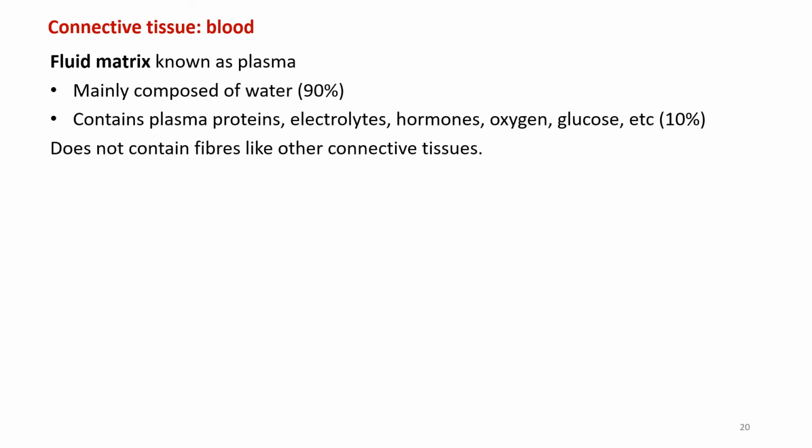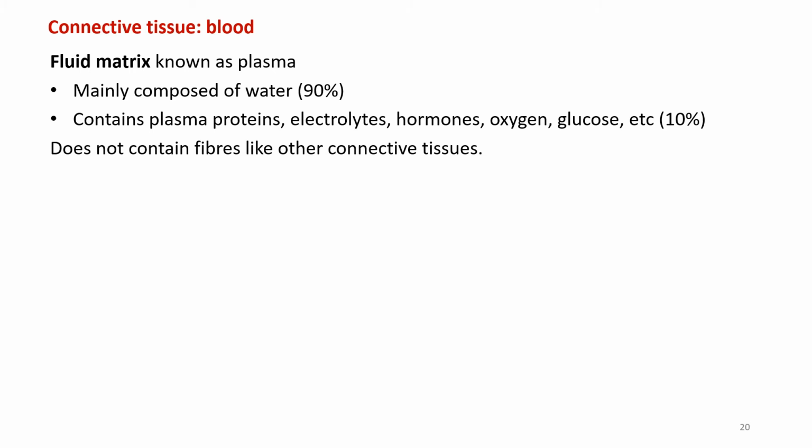It's slightly different in terms of the connective tissue because instead of having a more gel-like matrix, we have a liquid matrix, a fluid matrix, and of course that's plasma. Plasma is mainly water, but within it there are also quite a lot of plasma proteins. Not plasma membrane proteins, bear in mind, plasma proteins.